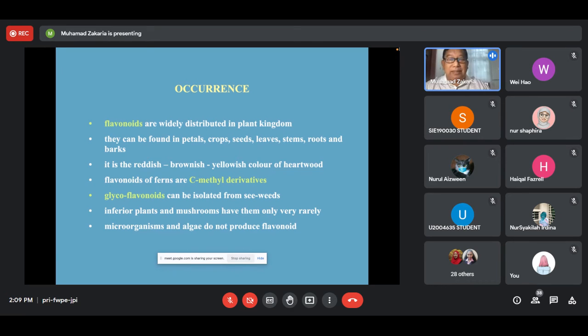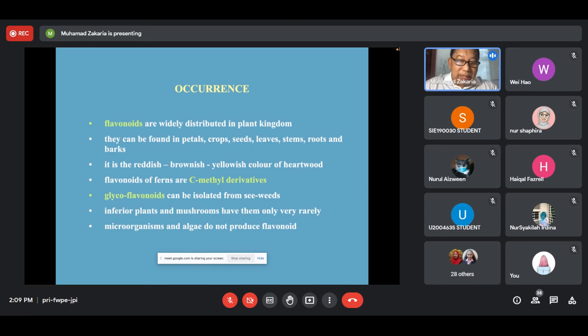There are some other classes of colored compounds as well, but these are the major ones. Flavonoids, as we described in the last lecture, are widely distributed and play a vital role as pollinator attractants and as protection for the plant.